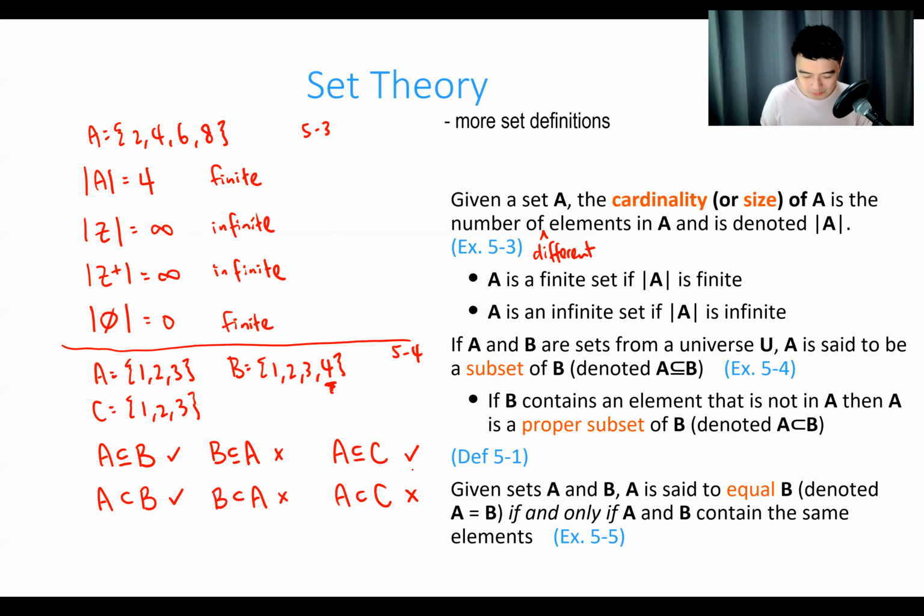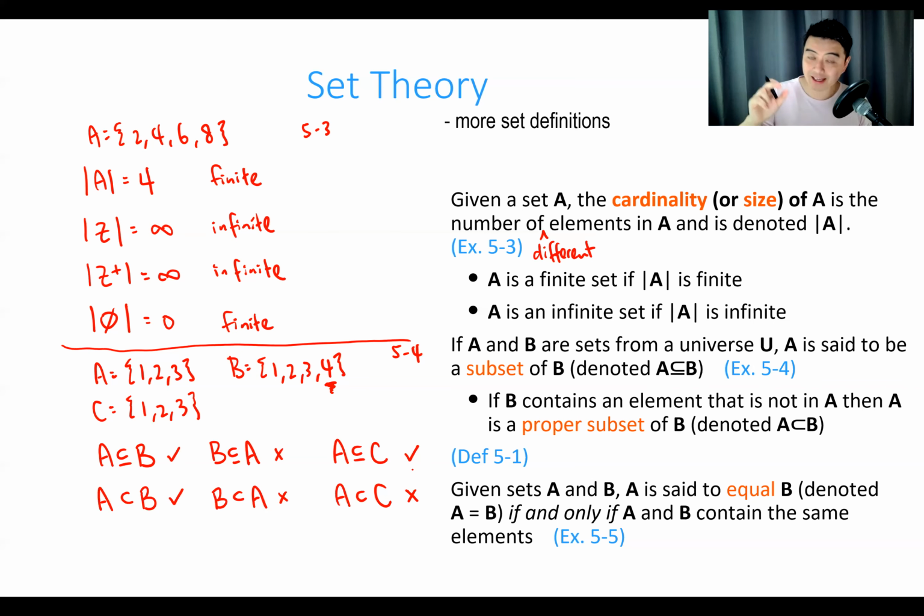So what does that tell you in English? The relationship between subset and proper subset. Well, the relationship is actually very similar to less than and less than or equal to. So for example, if I say a number A is less than or equal to B, they could be equal, right?